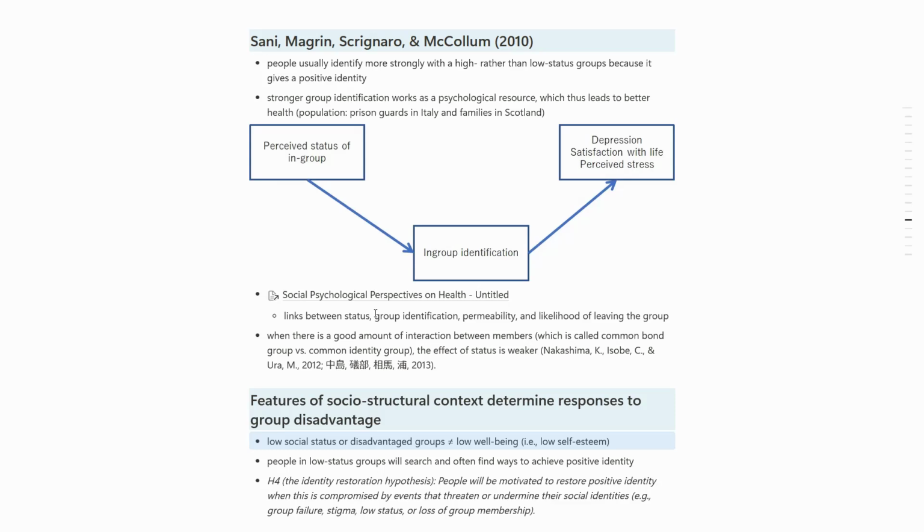However, belonging to low social status or disadvantaged groups is not equal to low well-being or low self-esteem. And this is because people in low status groups will search and often find ways to achieve positive identity. So again, belonging to a high status group is not the only way to achieve positive identity.